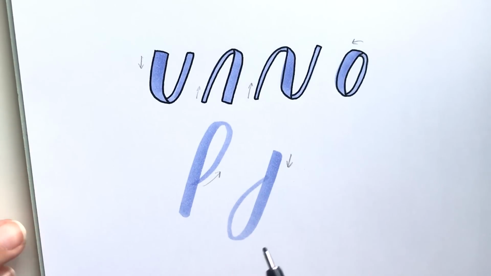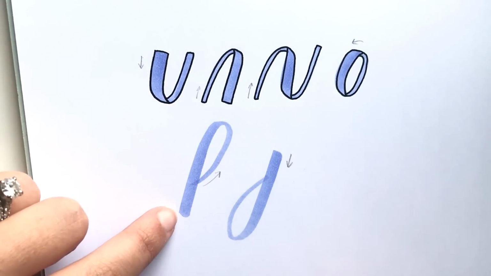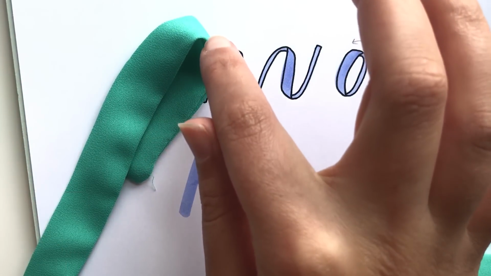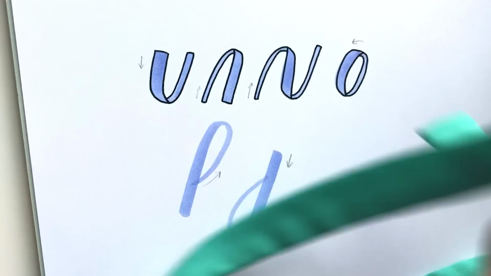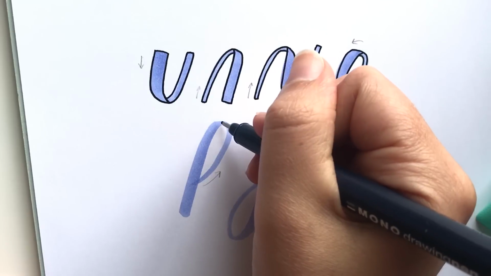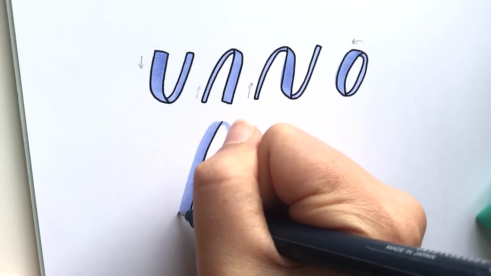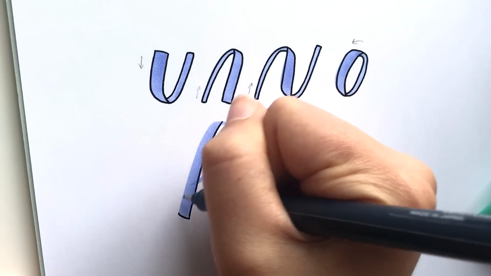Okay, and then lastly we have our ascending and descending loops. So if I want this downstroke to be in the front, basically we're going to cut through the right side right here. So I just want to always emphasize my downstrokes.